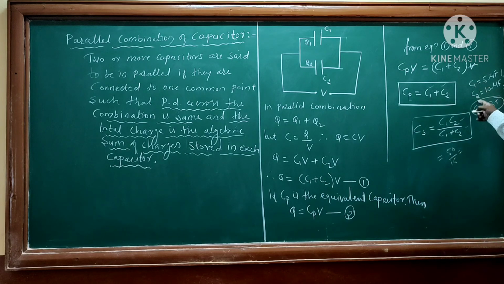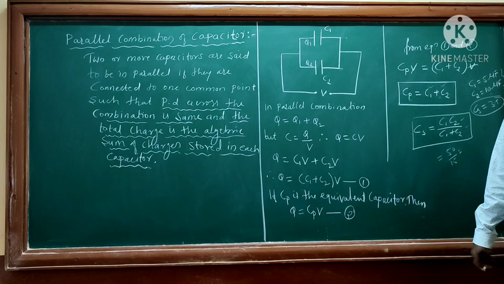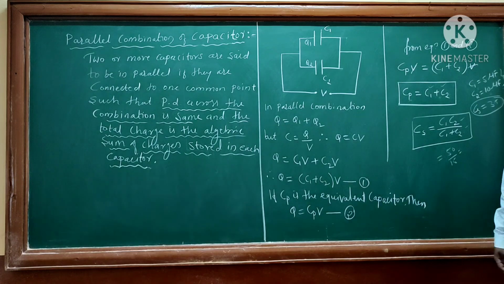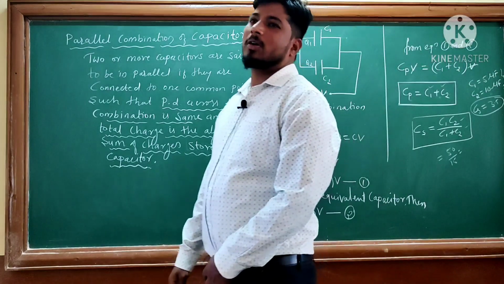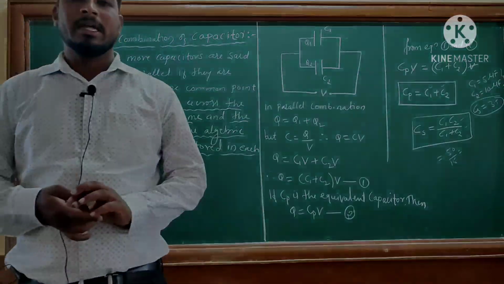The same example I can give here for Cp. If C1 is 5 and C2 is equal to 10, then Cp must be equal to 15. So it is always greater than the individual values. Okay, so this is all about the parallel combination of capacitors. In the next video we will talk about the energy stored in capacitors.